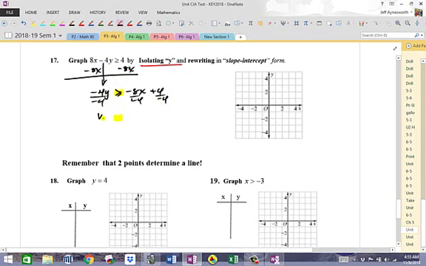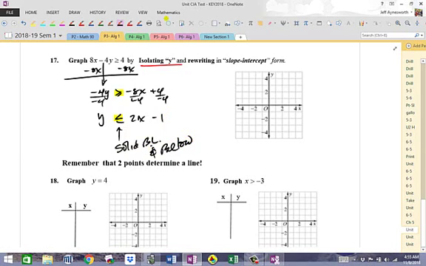So what you get is y less than or equal to 2x minus 1. All right, this tells me it's a solid boundary line, and below, because I'm in slope-intercept form. That's if you know what you guys are doing. You don't have to test points if you know what you're doing, which some of you guys do.